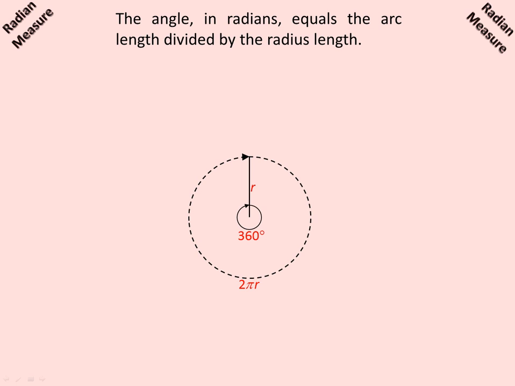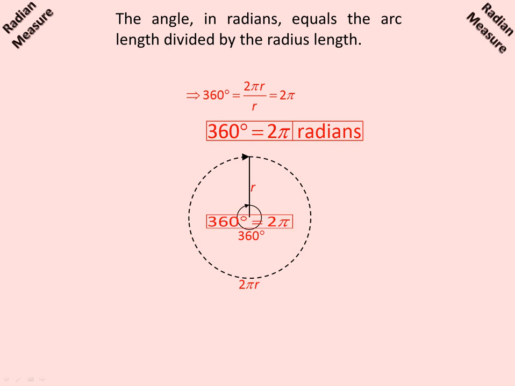Now, the angle is equal to the arc length divided by the radius length. So if I take this arc length of 2 pi r and divide by r, I should get 360 degrees, which means, therefore, that 360 is equal to 2 pi radians. And easier, 180 degrees is pi radians.